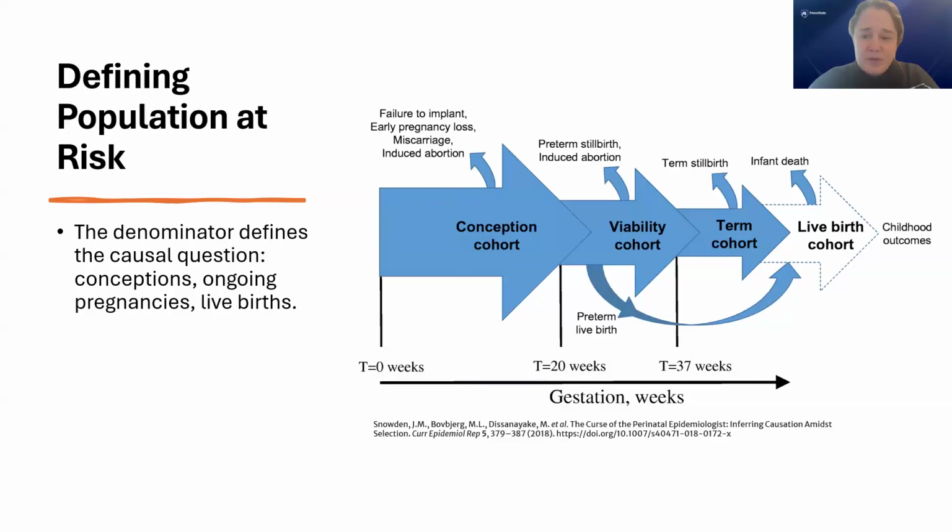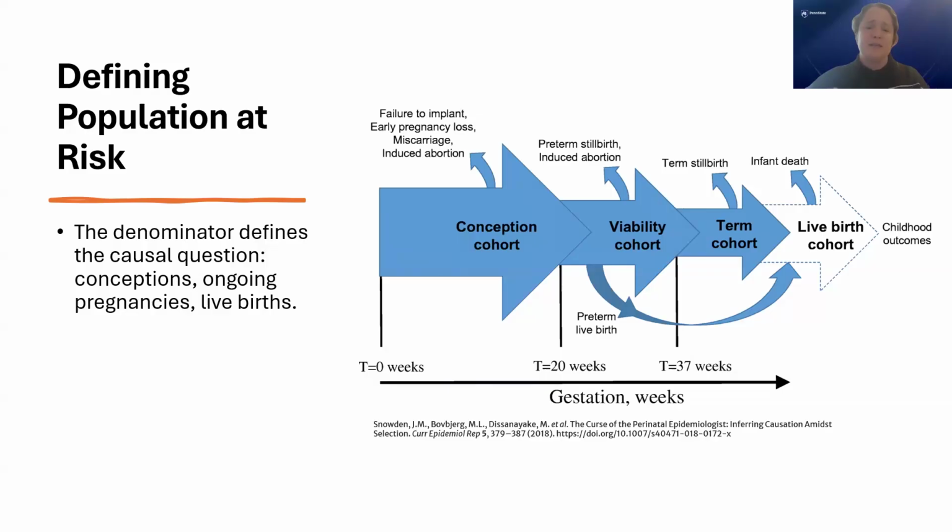So for example, you have this conception cohort if you're interested in all pregnancies, but this is quite difficult to capture. If you're interested in ongoing pregnancies, which could be viability cohorts or term cohorts, then you need to think about how you're going to define that cohort of people, by which indicators in your data set, and what that means for your research question.